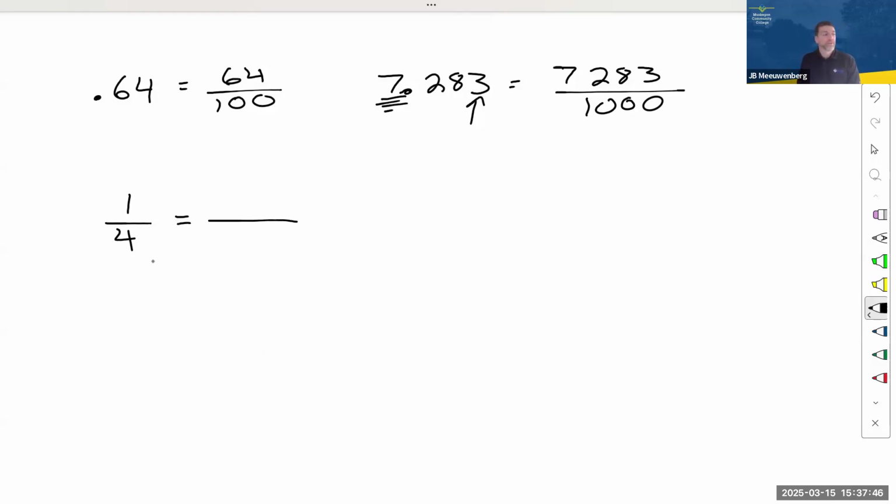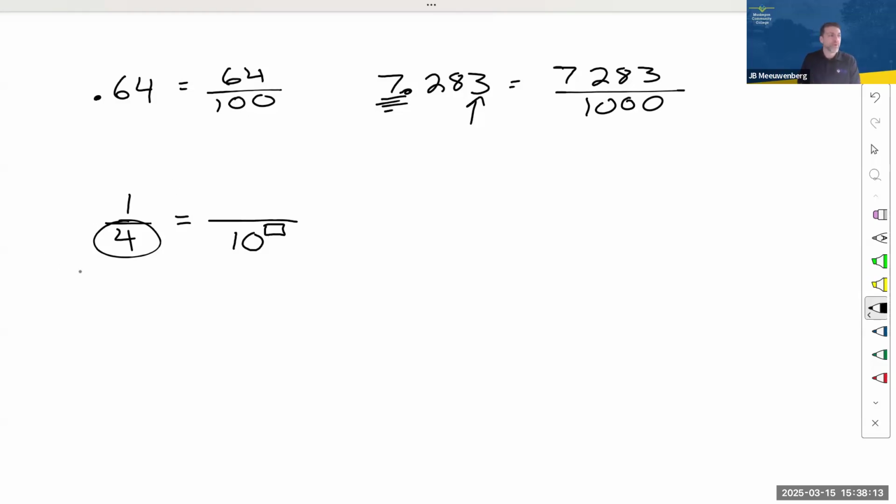Sometimes you have to ask yourself, is there a way using manipulation of fractions that I could take whatever denominator I was given and rewrite it as some power of 10? Could I take 4, multiply it by something, and turn it into 10 or 100 or 1,000 or something like that?